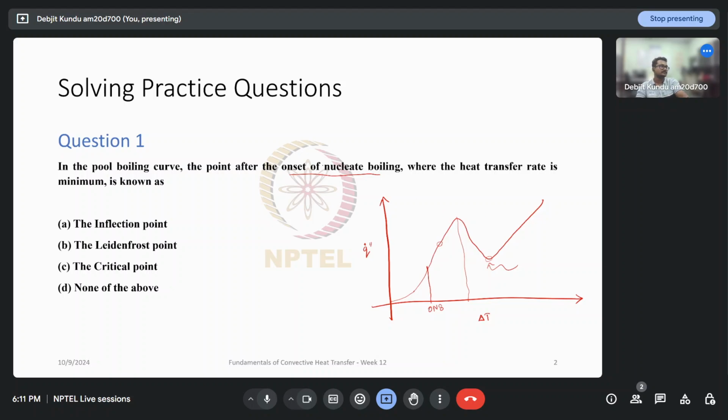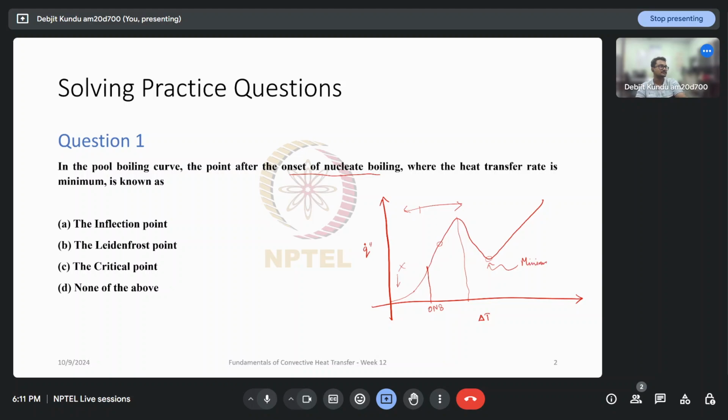The onset of nucleate boiling is only to say that you have to consider the minimum on the right side of this curve and not the left side, because for a very small delta T, the Q will anyway be minimum. So the global minimum lies somewhere here, but that's not what we're interested in. We're interested in the minima after the onset of nucleate boiling, which specifically refers to this minima here.